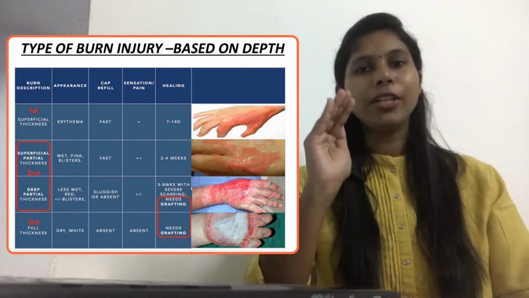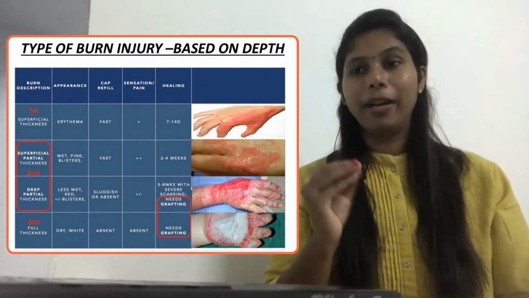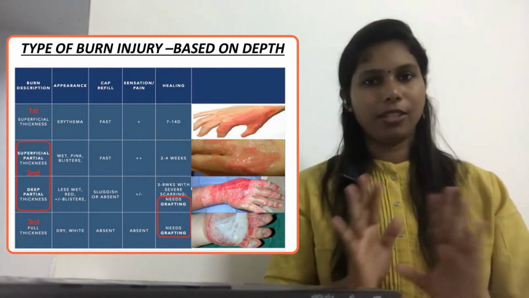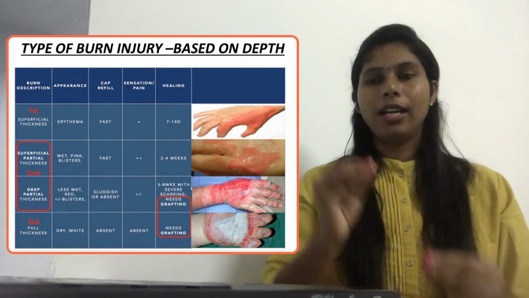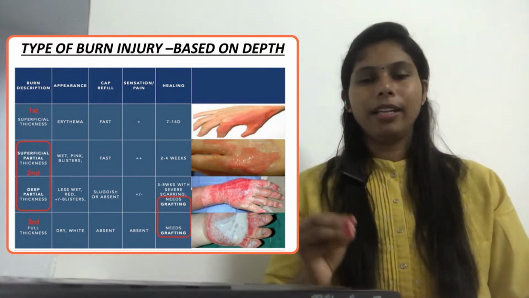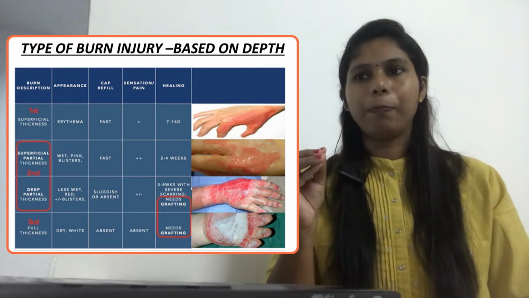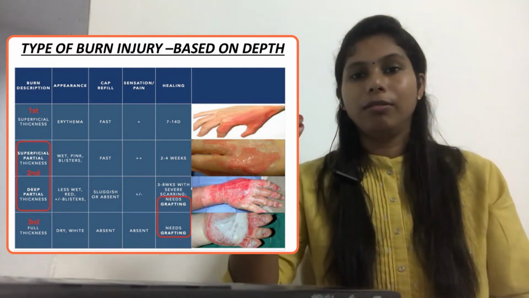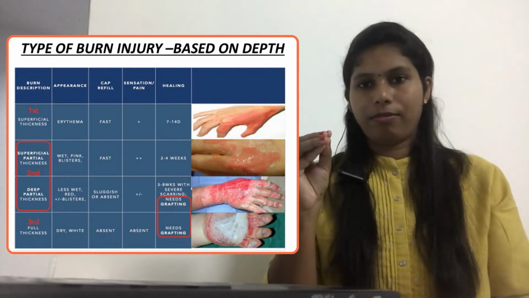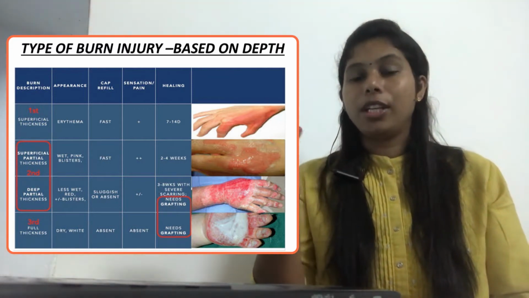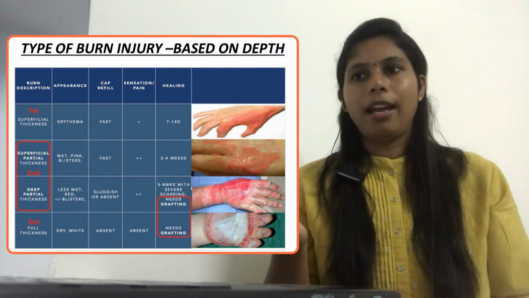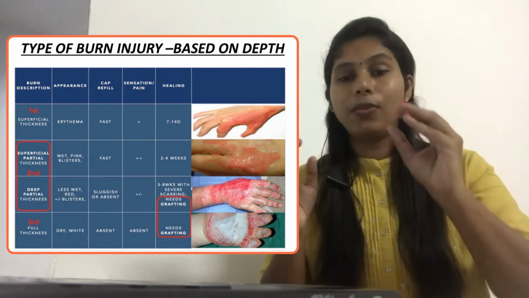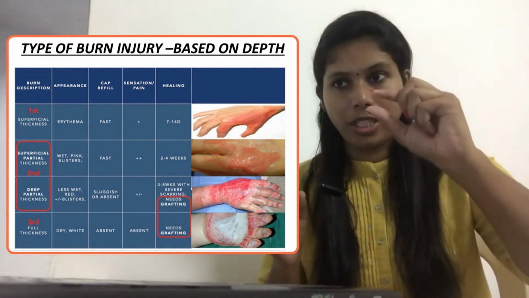Now we will move to the second degree burn, superficial partial thickness and deep partial thickness. How does it appear? Usually the second degree burn, the superficial partial thickness, will look red to white, or more reddish.